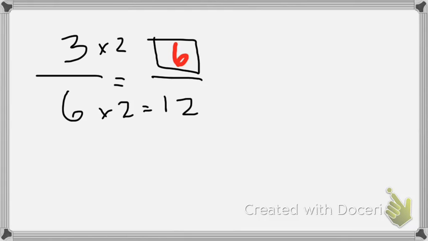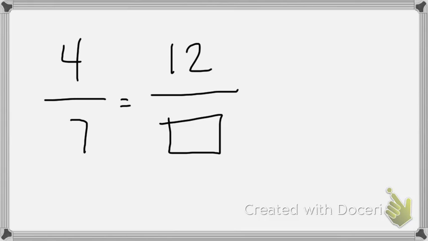And that's your answer. This one says 4/7 equals 12 over a blank number. So again, we're changing 4 into a bigger number, which means we multiply. So what times 4 equals 12? Answer is 3. So 7 times 3 is going to be 21.